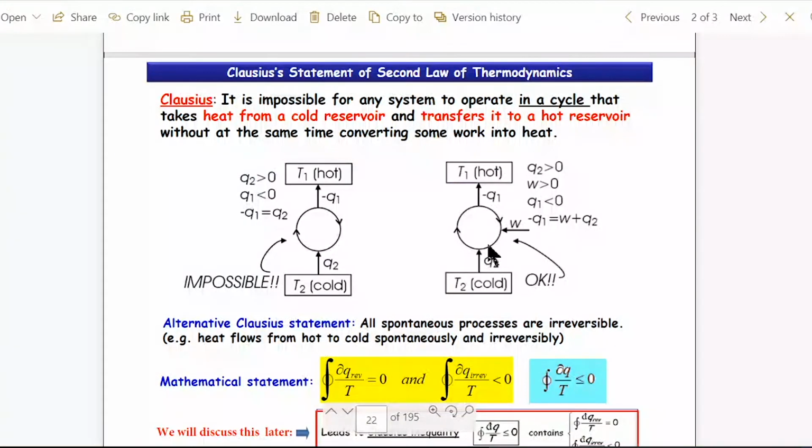This is what we are doing in a refrigerator. We are taking some amount of heat from, say, the room, and we are putting that Q amount of heat to the outside. When you see the AC is on, the environment outside is going to be very hot, so you are increasing the temperature of the outside. But that cannot be done until you have a compressor system working on it. So we have to do work on it.